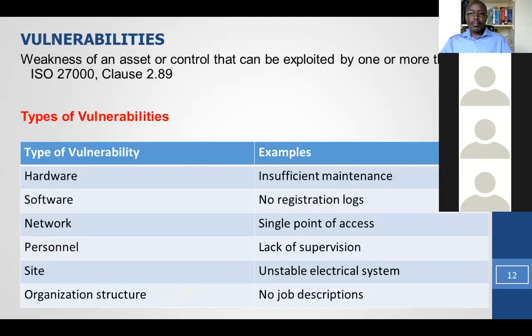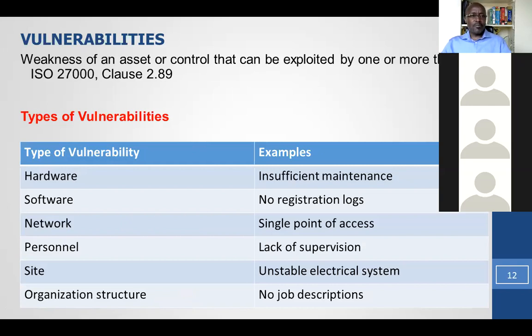Then the other things that we can be looking at would be vulnerabilities, to just get a good understanding and a good handle of these issues, because these are the terms that are going to come up again and again, either when you're implementing your information security management system, or as you are going through this training. All these terms keep on coming up again and again. So you have to be able to understand exactly what these terms mean.